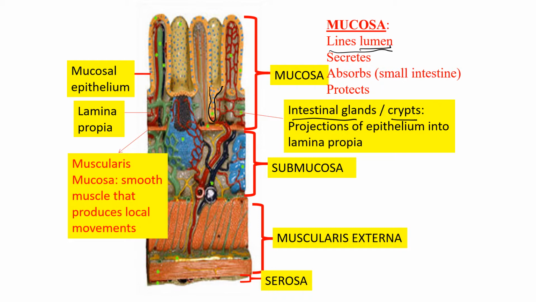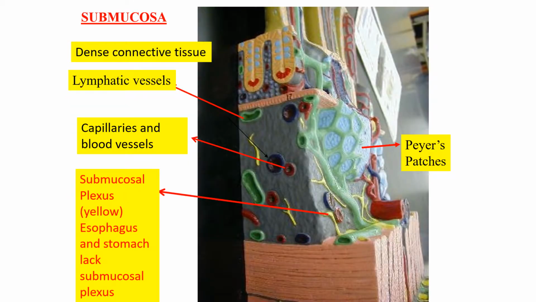These are simple columnar epithelial cells which fold inward towards the lamina propria, creating these glands or crypt structures.